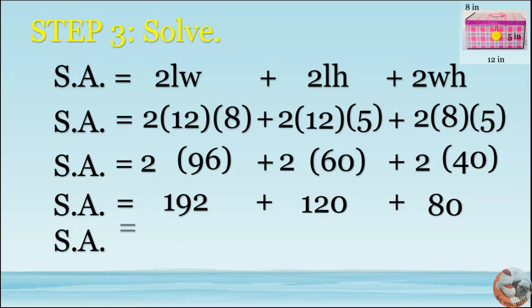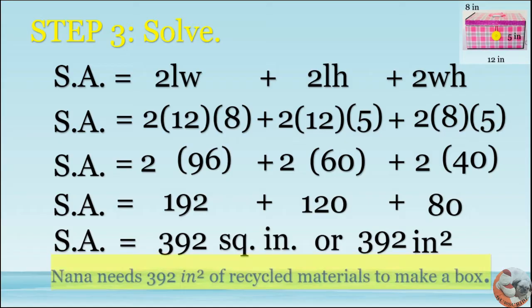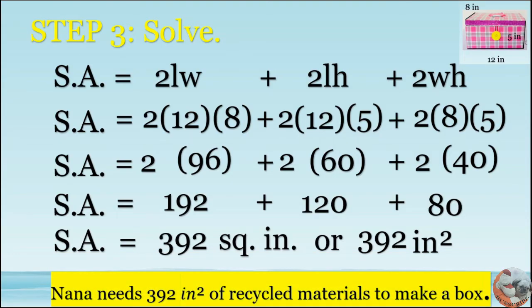Surface area is equal to 392 square inches or 392 inch squared. Therefore, Nana needs 392 inch squared of recycled materials to make a box.